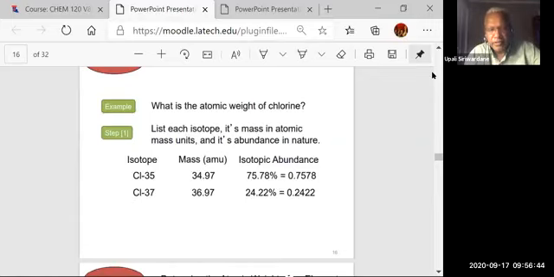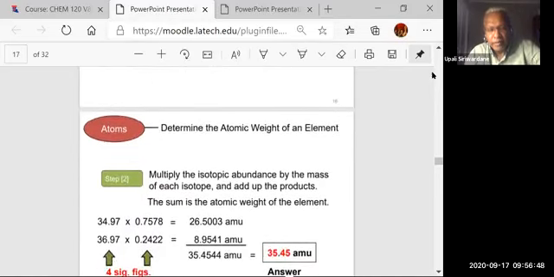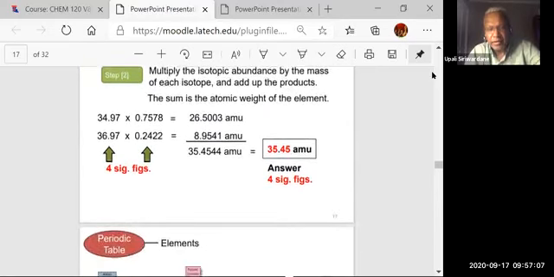If it is a fraction, you don't divide it by 100. So you get the idea here. Mass of the isotope multiplied by fraction, added up, you get 35.45. That's the average atomic mass in the periodic table.